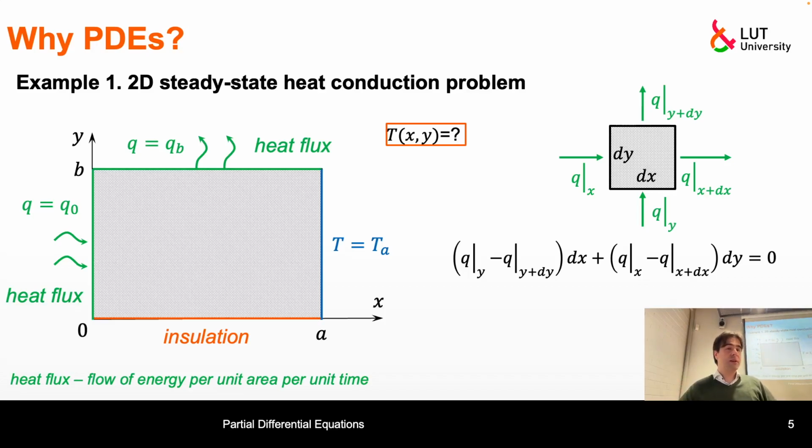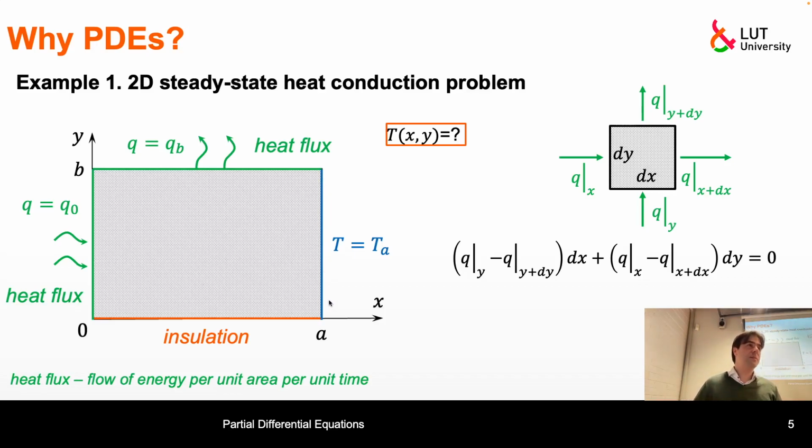Okay, so let's consider a two-dimensional steady-state heat conduction problem. I draw it here as a rectangular shape to make it simpler with boundary conditions, which we'll be talking about later. And suppose that there is one side of this area which is kept at constant temperature. I don't know, there might be some thermostatic device, maybe some flow of fluid which keeps this edge always at the same temperature.